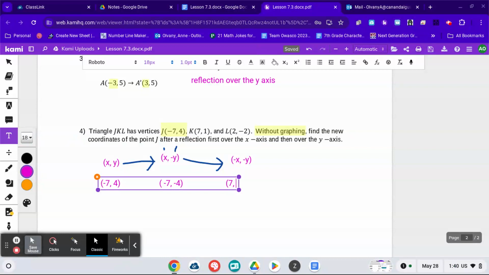Is that right? I have to think about that for a minute. And then over the y-axis, so the y stays the same. This should be negative 4 right here. The y stays the same.